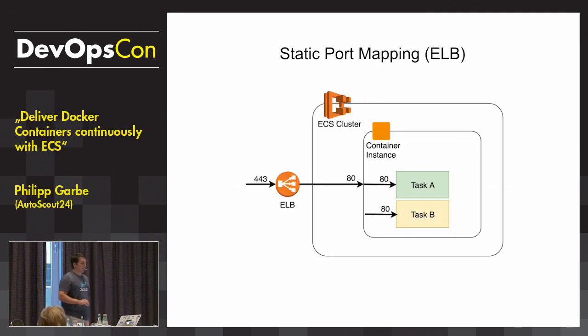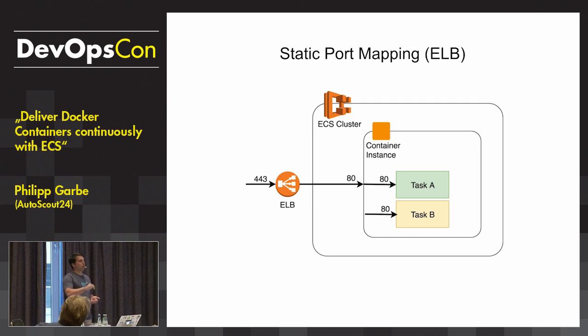What I said is that the classic load balancer, the ELB, has the problem of static port mapping. On the ELB, you can define only one port where the traffic should be routed. When you do that, for example here with port 80, it goes to the container instance on port 80, and then it gets forwarded to your container, maybe also on port 80 or some other port.